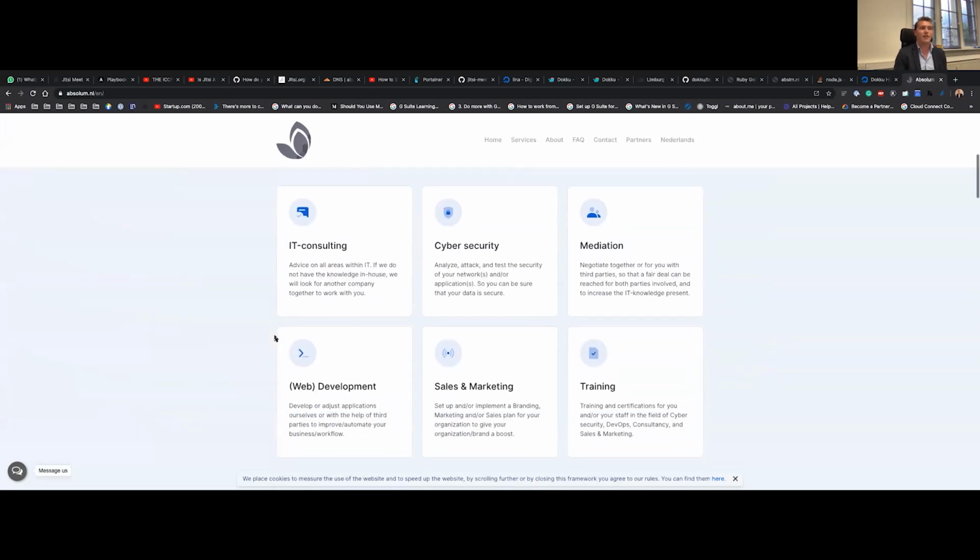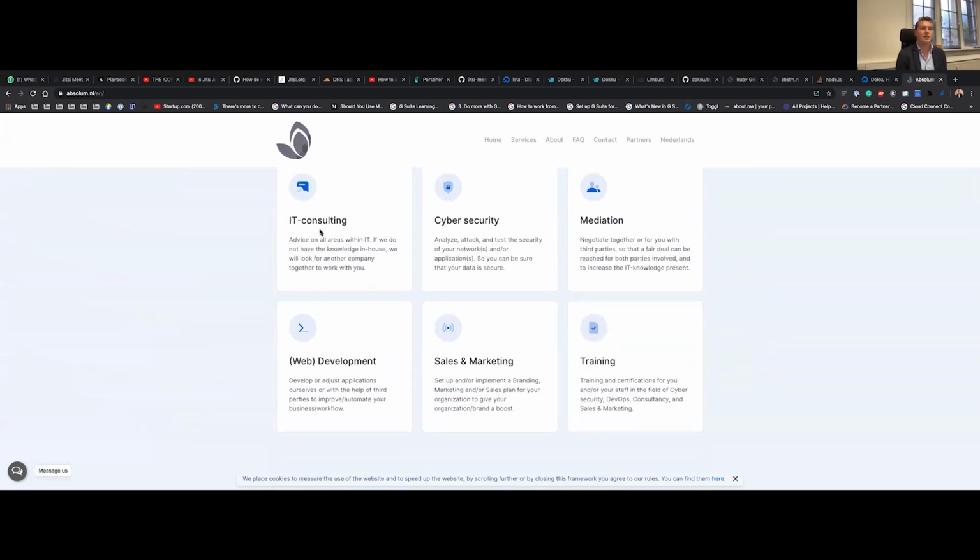Our services vary from just normal IT consulting to cybersecurity testing. Mediation is something we do often, where we sit in between two parties to negotiate a decent deal for both of them. We focus mostly on web development because we think it's the future of the ecosystem.